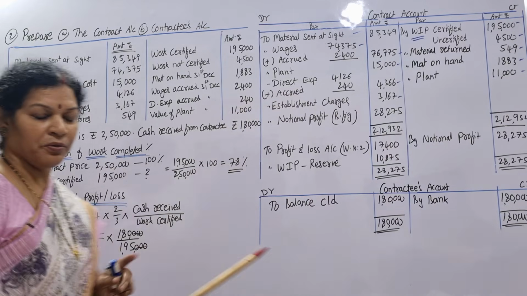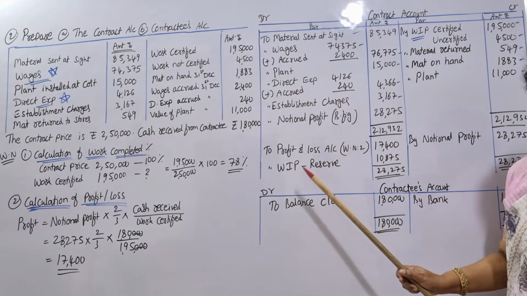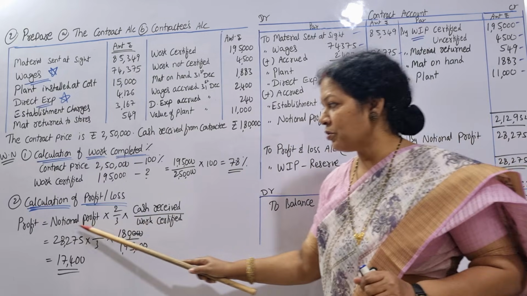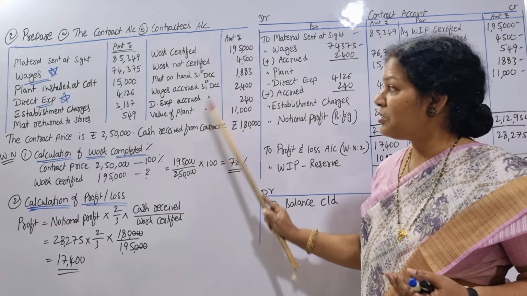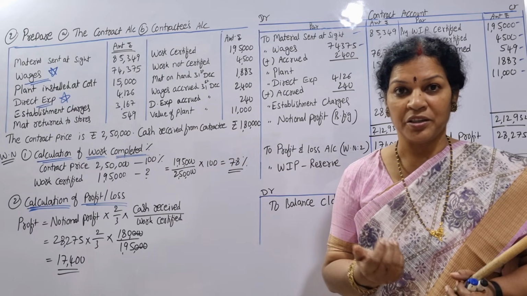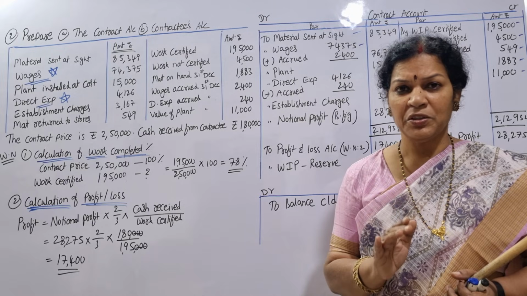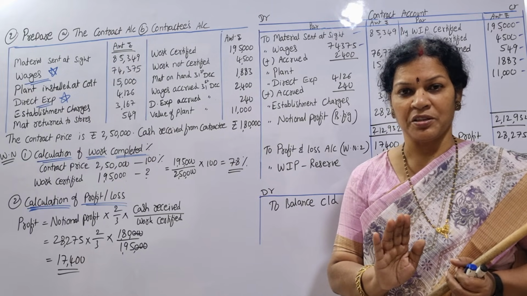Before going to that, for calculation of profit or loss, you know the formula is notional profit into the percentage. How much percentage of work is completed? It is not given in the problem. I need your attention. In the previous problem 80% work completed was given, some percentage was given.